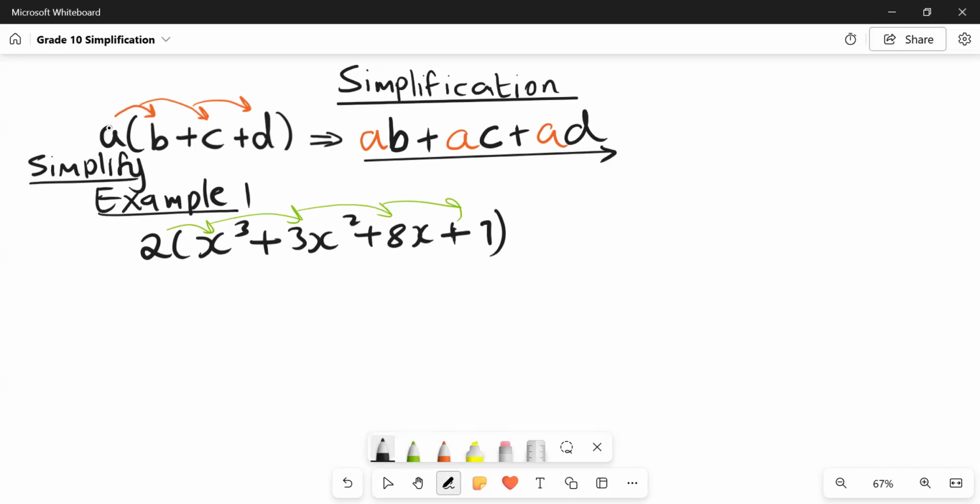If there is no coefficient number in front of your variable, then you must know that there is what we call an invisible 1.